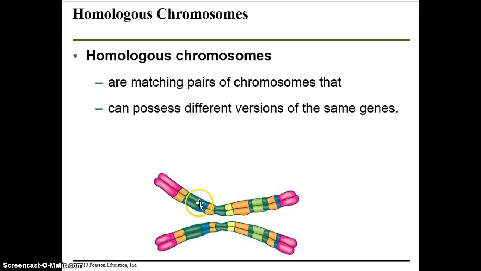So whatever genes are on this chromosome from mom, different versions of all the same genes are on the other chromosome from dad. So if dad has blue eyes, dad's blue-eyed gene is right here. If mom has brown eyes, mom's brown-eyed gene is right there. And the same goes the whole way down the line. Whatever genes are coded for on dad's chromosome number 1, the same genes are coded for on mom's chromosome number 1.